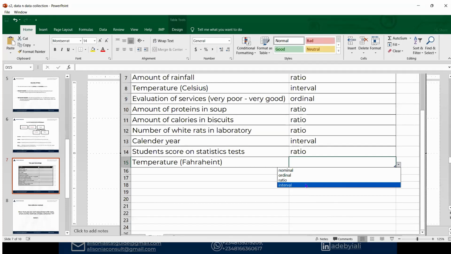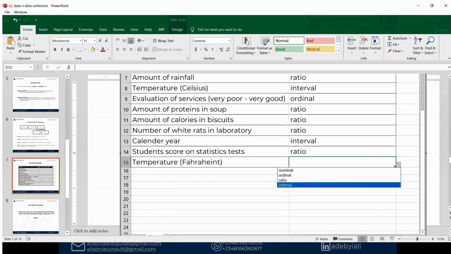It is interval because it has various levels, the higher it goes, means different things. Yes, of course. But that's not the major reason why it is interval.